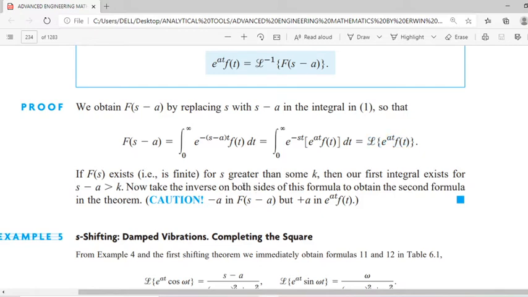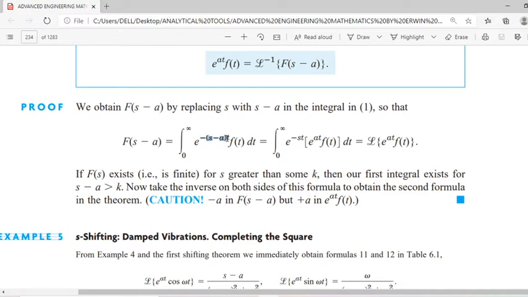Now we have to ensure that S minus A is greater than k, then only F of S exists. If it becomes negative, what happens? The negative and negative become positive, and in the integration from 0 to infinity the exponential function will result in an infinite value. So to ensure the existence of this integral, the exponent should be negative.